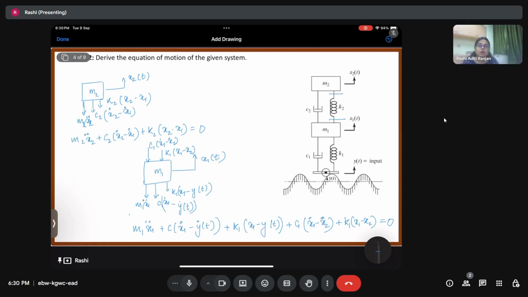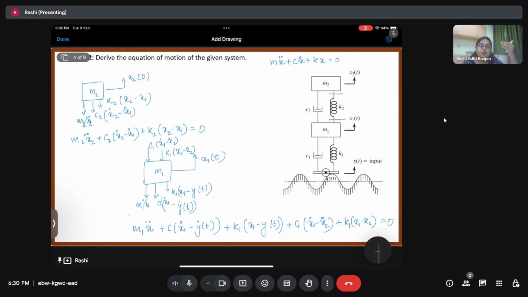Now we try for a multi-degree of freedom system to generalize the equation, right? Like for a single degree of freedom system, we had the equation m x double dot plus c x dot plus k x equals 0. We try that for a multi-degree of freedom system, we can still generalize the equation and write it in this form.